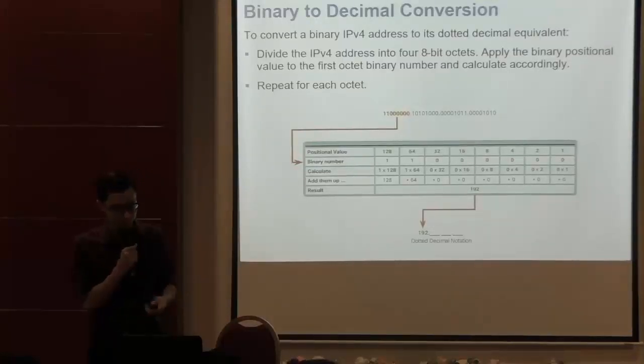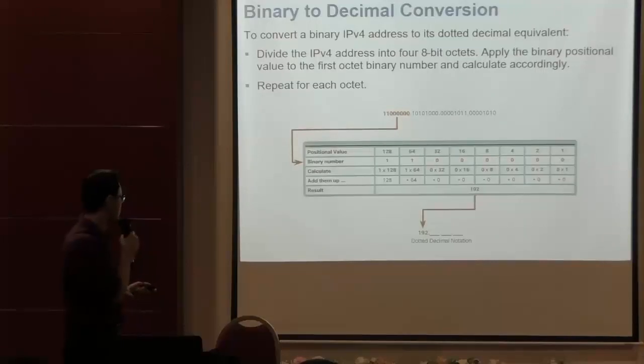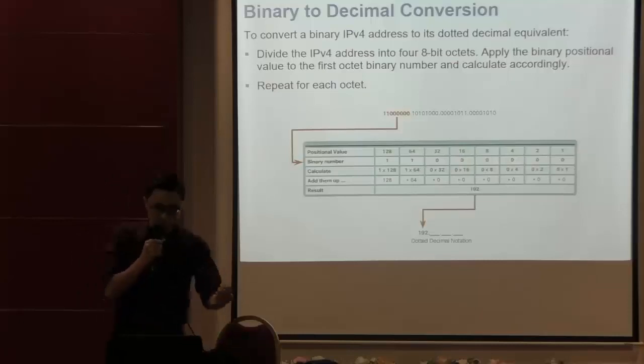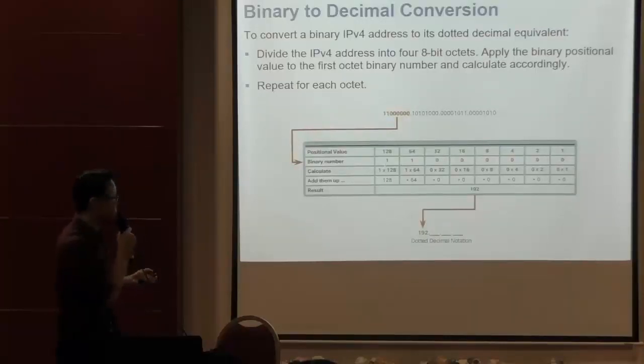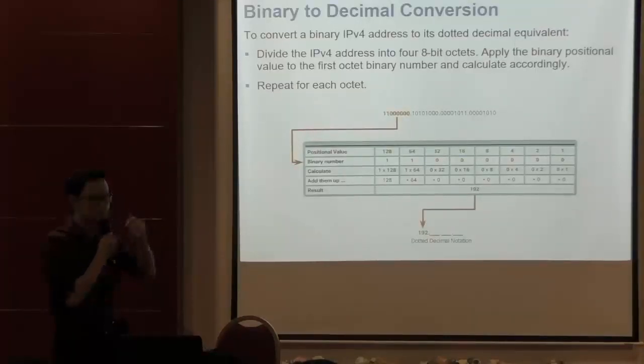Here is the positional value you got from the last calculation. Then you put the binary number. A 1 means you use that positional value. A 0, you don't.